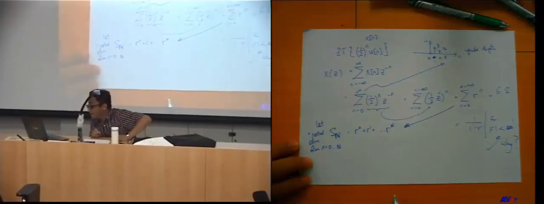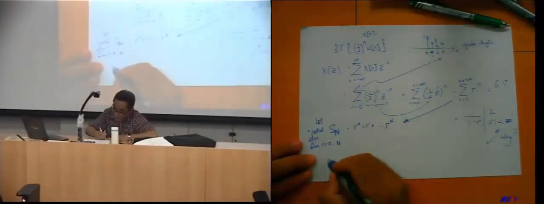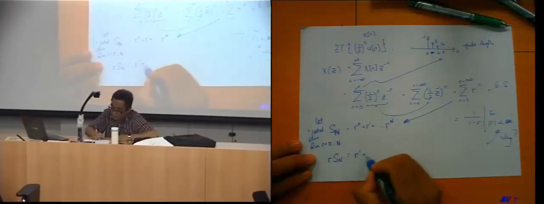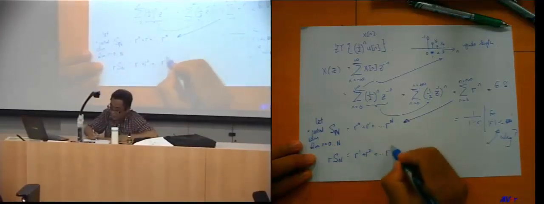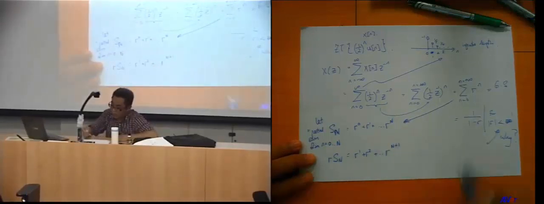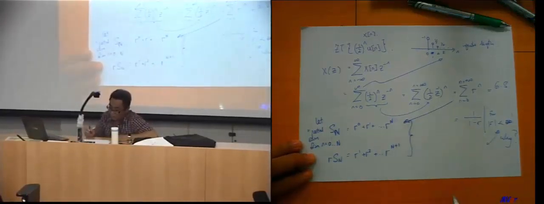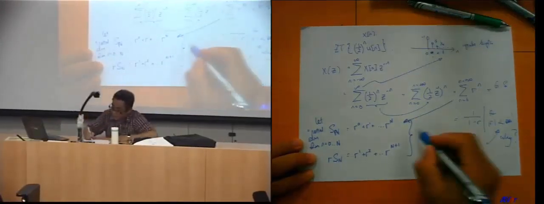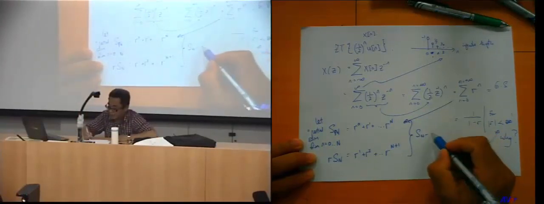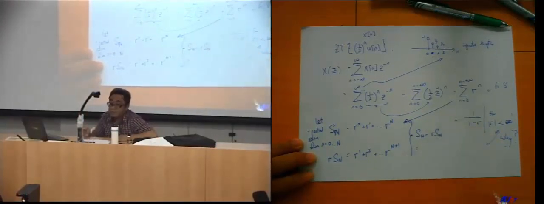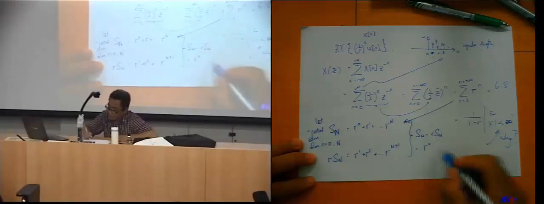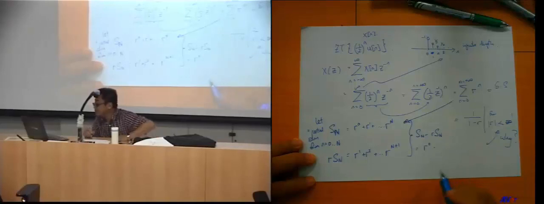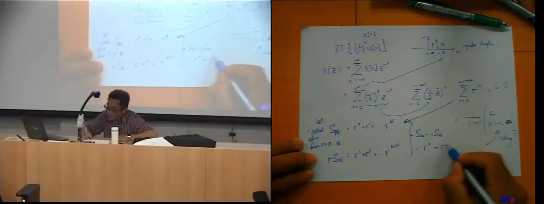Now I will multiply S_N by r, so r S_N equals r^1 and so on. And who will minus who? Top one minus bottom one. S_N minus r S_N equals r^0, minus or plus? Minus r^(N+1). Agree?